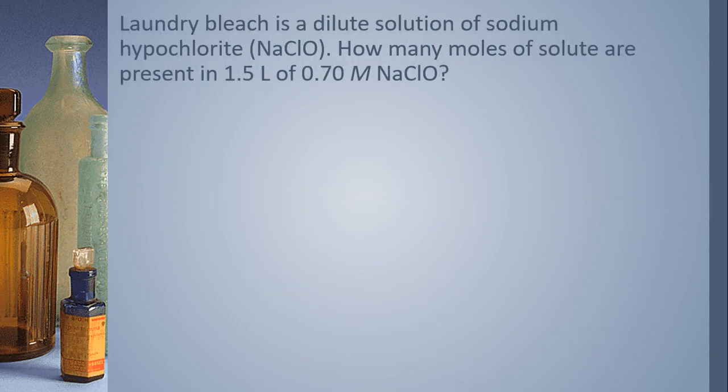The next one says laundry bleach is a dilute solution of sodium hypochlorite. How many moles of solute are present in this many liters of this many molar NaClO? Well, we basically have a formula here. Molar or molarity is equal to moles per liter. Well, the liters we have, we'll go on the bottom, 1.5 liters.